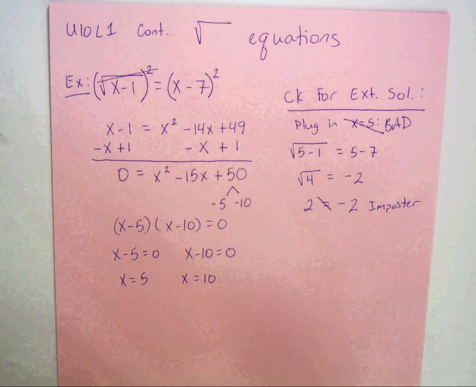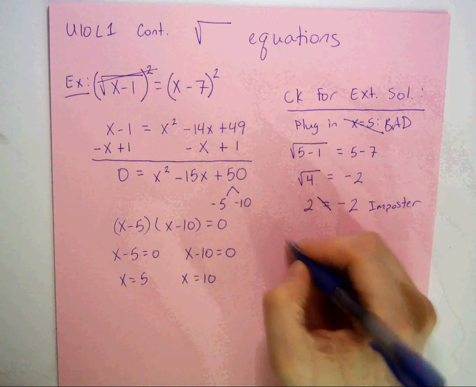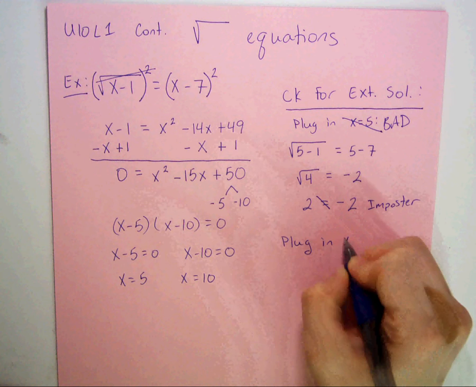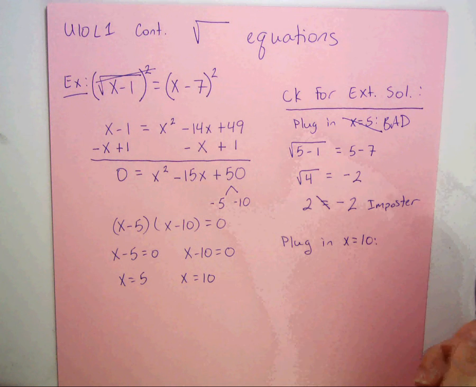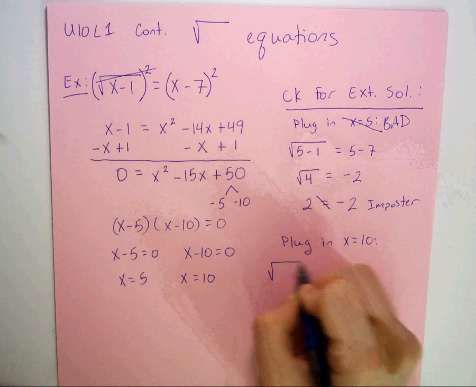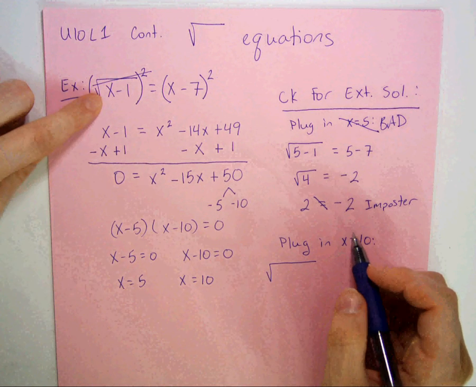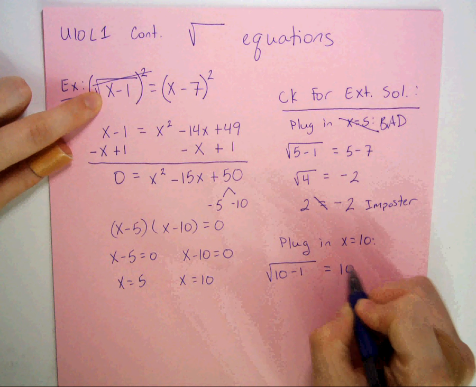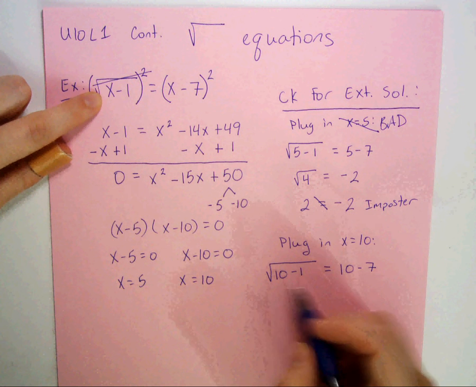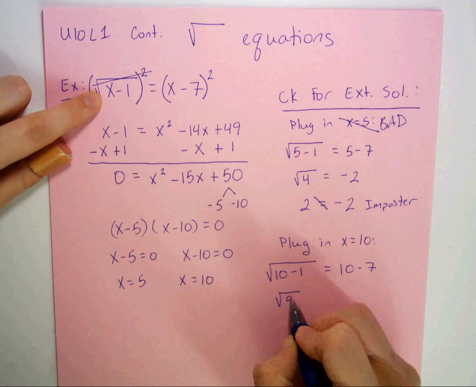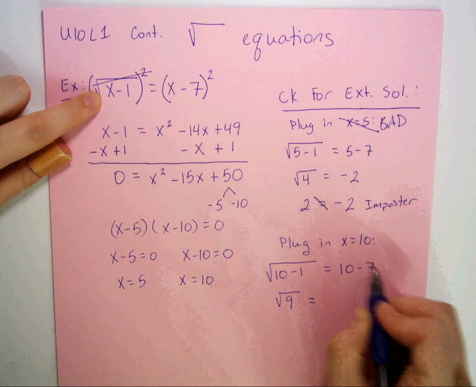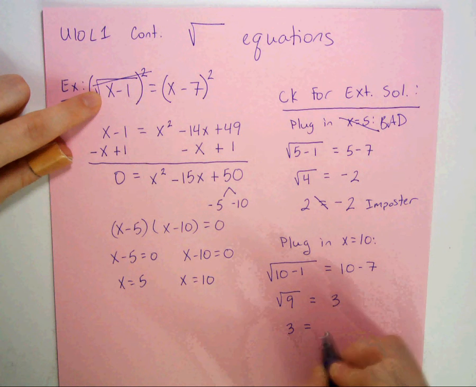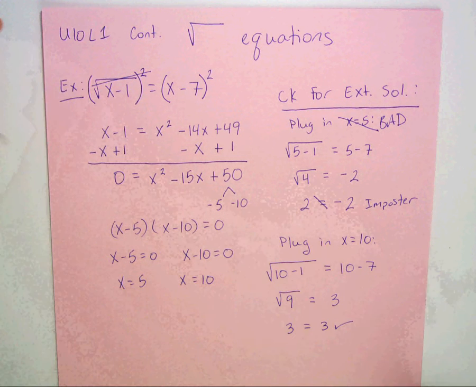So let's check and see if 10 is being honest with us. So we're going to do the same thing and plug in x equals 10 to our original equation. So I'm going to have the square root of 10 minus 1 equals 10 minus 7. So I get the square root of 9 equals 10 minus 7 is 3, and the square root of 9 is 3, and 3 definitely equals 3.